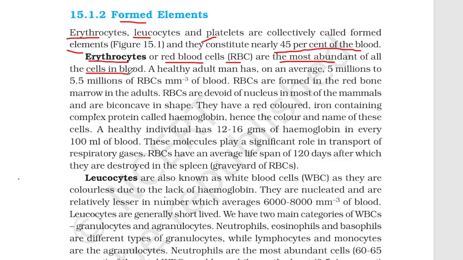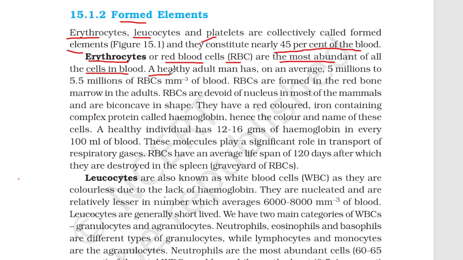Now from where did erythrocytes get their name as red blood cells? As we know, the red blood cell has an element present in it called hemoglobin. Hemoglobin is a red pigment, and because of this red pigment present in the RBCs, they got the name red blood cell.